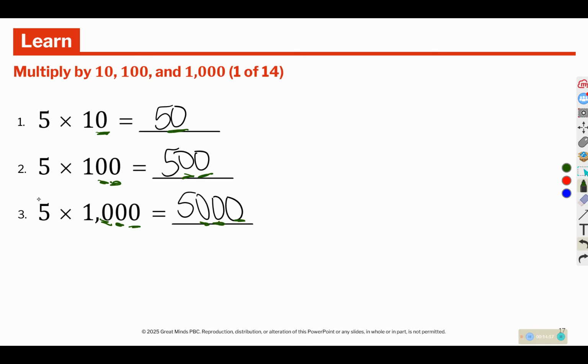So you can think of this as 5 times 1, and then 3 place values after that. 5 times 1 is 5, and then we need 3 extra spots.